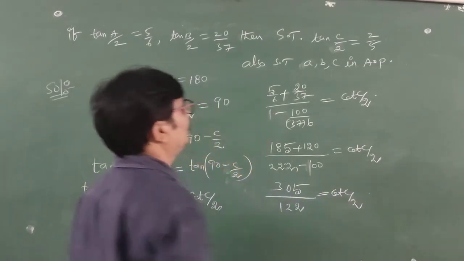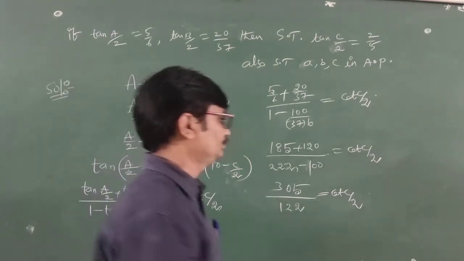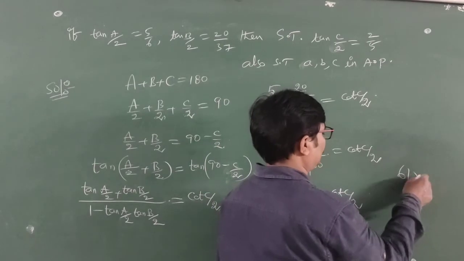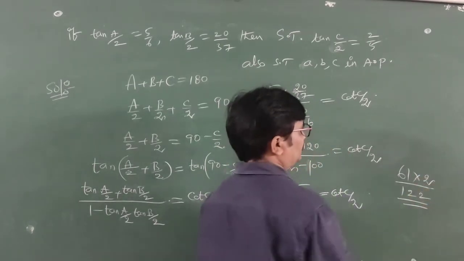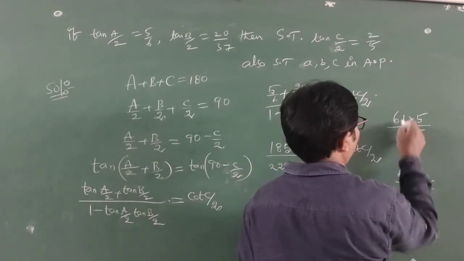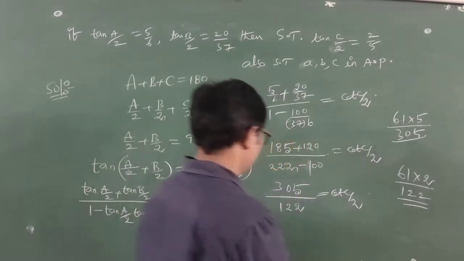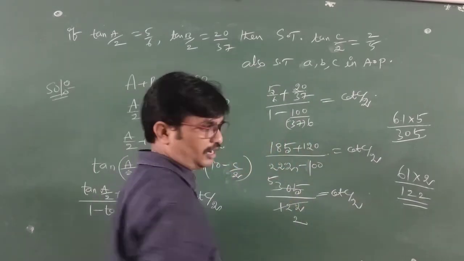My dear students, here we can divide by 61. So 61 into 2 is 122. At the same time, 61 into 5: 5 1s are 5, 5 6s are 30. Now 61 2s are 122 and 61 5s are 305. This is the cot of C by 2.